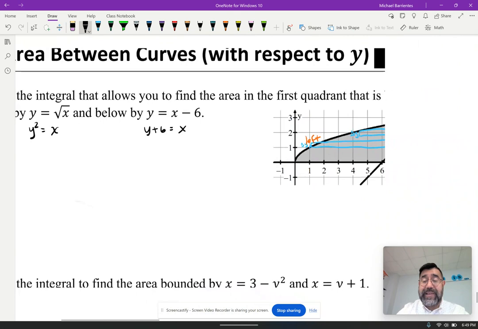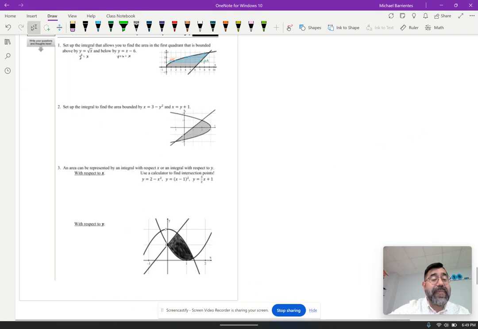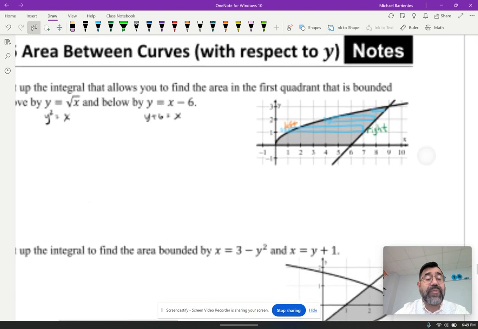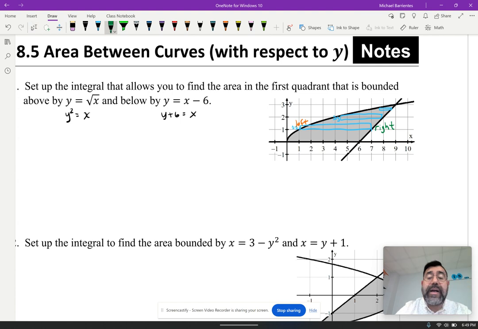Which one is the left one? Which one is the right one? That's what we're looking for. If I can find which is the right and which is the left, then I'm in business, right? Well, the right is the line, so that's going to be y plus 6.